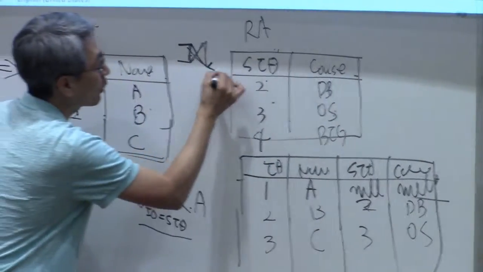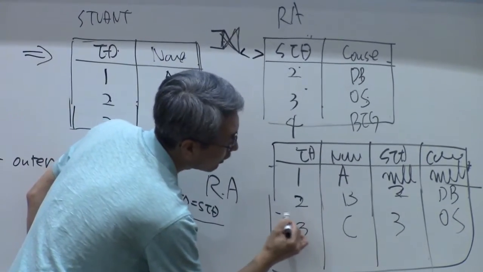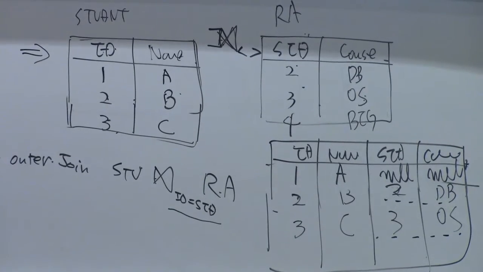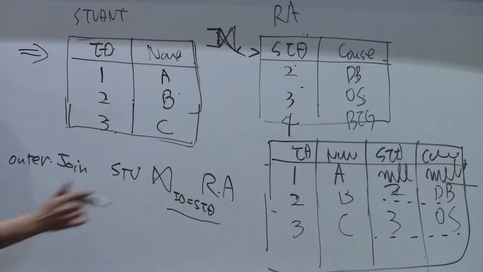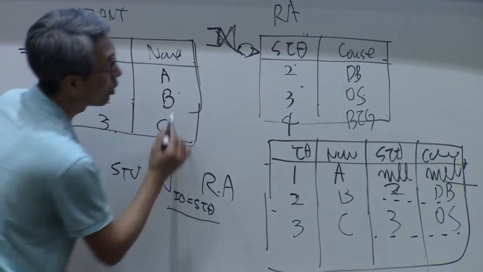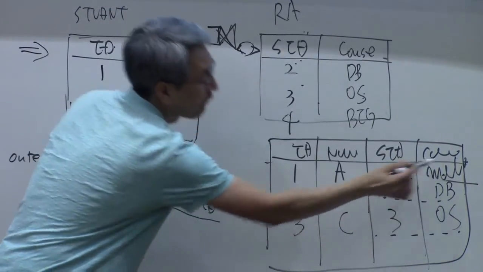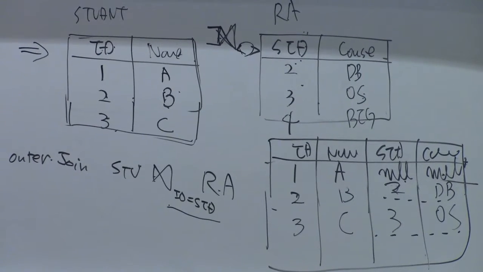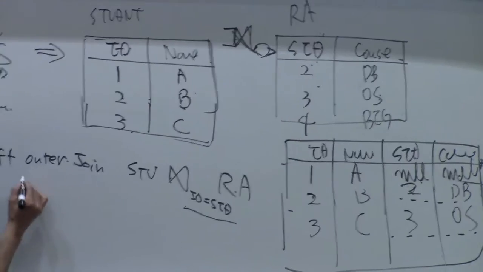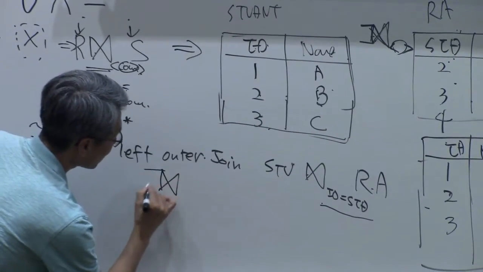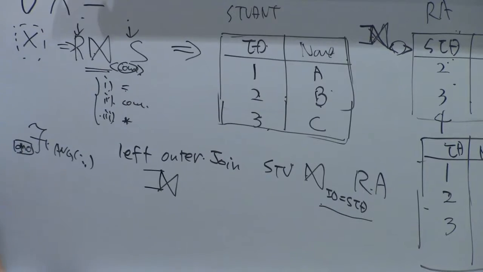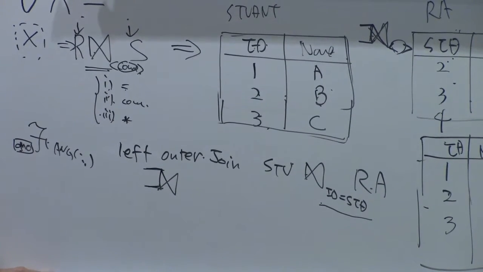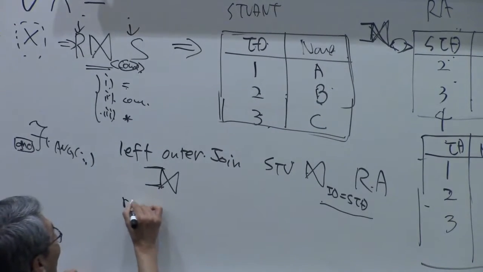If the join condition is matched like this one, return the matched information. Otherwise, if not matched, it's not following the condition, there's no matched one, just null information like this. So this is called left outer join. The left outer join symbol is from the join; you can use an additional line to cover the left-hand side. Similarly, we can do the right outer join.